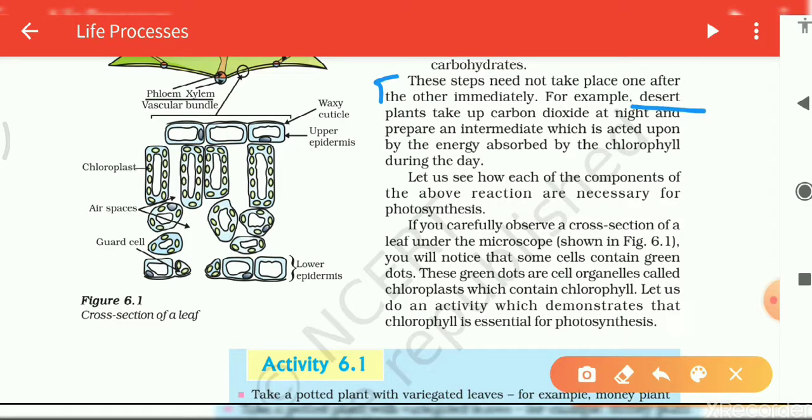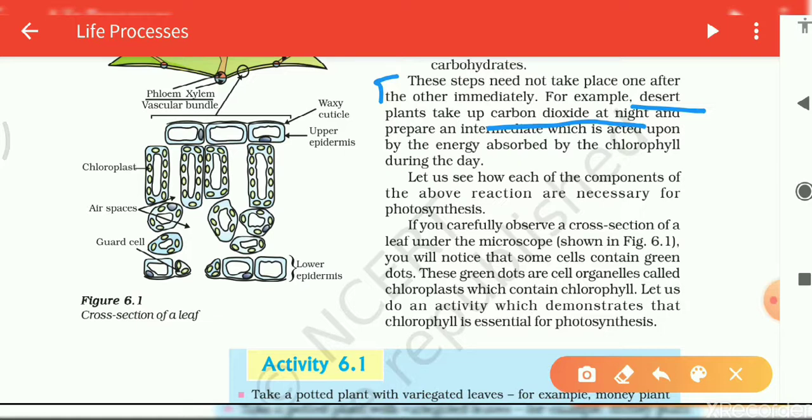Desert plants can take carbon dioxide at night, and in the plain areas plants can take carbon dioxide during the daytime because the sunlight is present at that time. Okay, and plants can make their food with the help of sunlight, trapping carbon dioxide and water, but this does not happen in the desert plants.